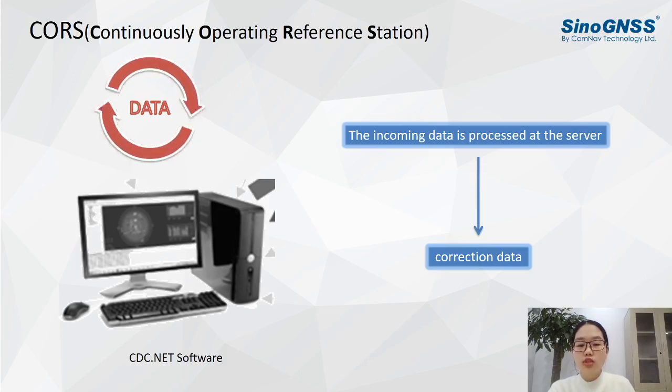The control server gets all the raw data or the correction data from the reference stations, does the processing and generates the correction data.